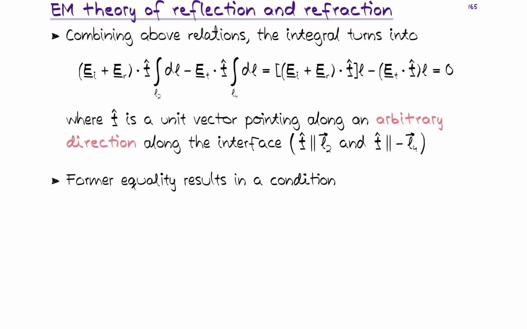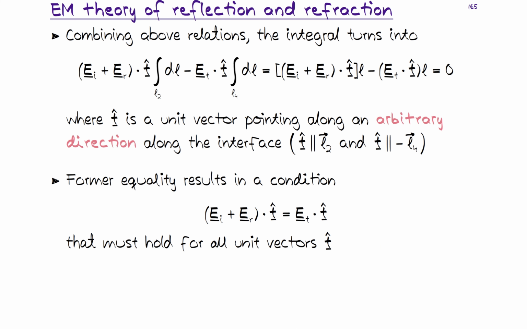And this equality now gives me a condition, so I can just look into these two equations, and I can reduce these to vanish the L from here, since it's in both terms. And now it gives me a condition that the incident field EI plus the reflected field ER dot product with the t hat equals the transmitted field ET with the dot product of t hat.